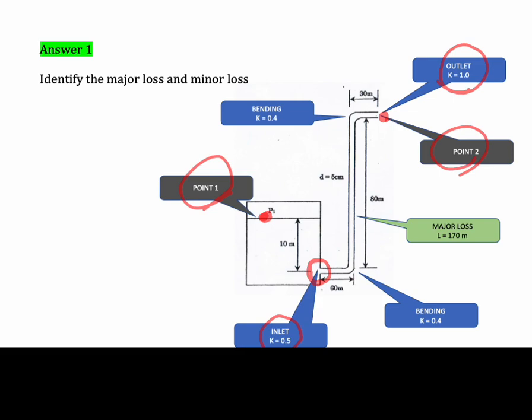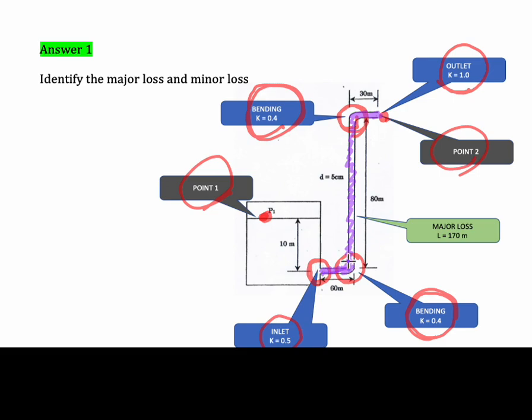And then we have a bending here, so it is given that the K is 0.4, and another bending here will give us minor losses with K equals 0.4. And then water will travel inside this pipe, and finally it will flow out here.